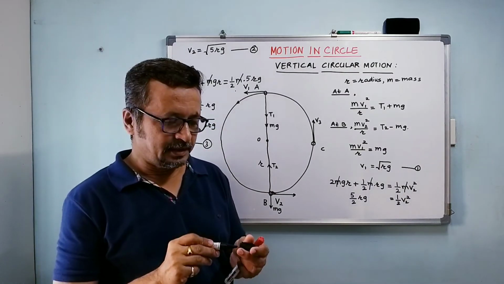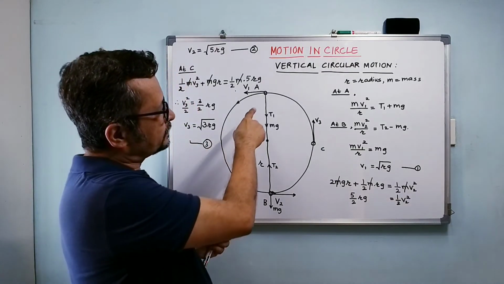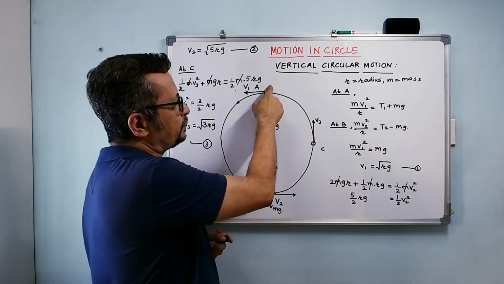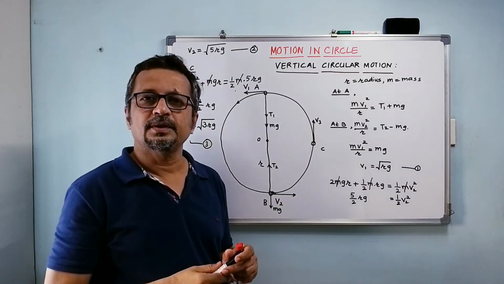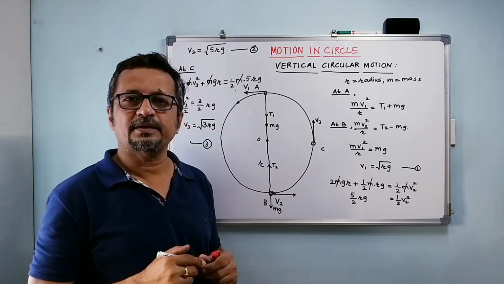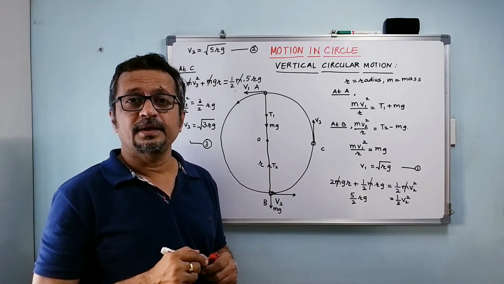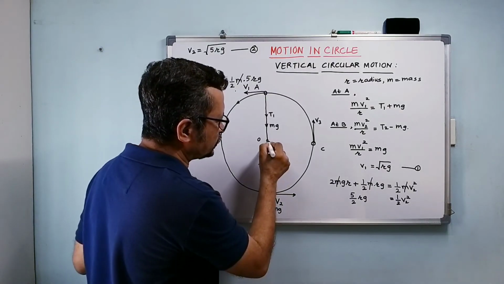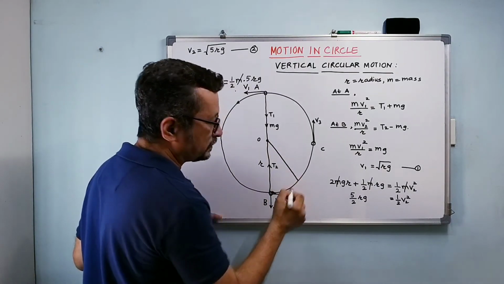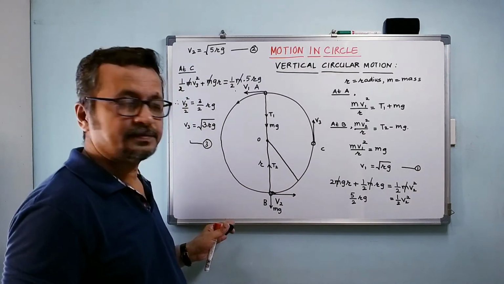Now you must have seen that we have taken only the topmost position, the bottom position and the midway position. Is it possible to calculate the velocity at any point? The point can be somewhere here also. So how do we do this?